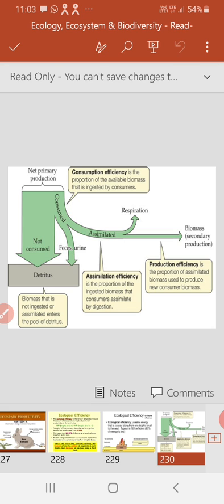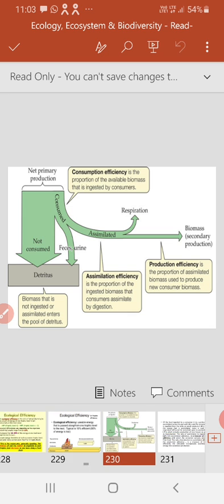These are the energy flow diagrams at a single trophic level. It is showing different types of ecological efficiency, like consumption efficiency, assimilation efficiency, and production efficiency.